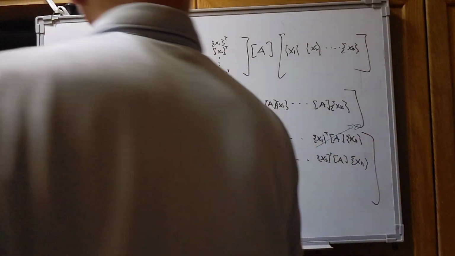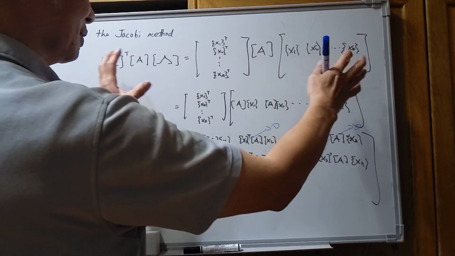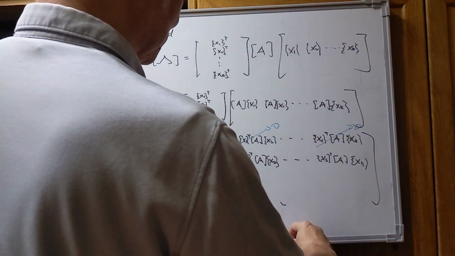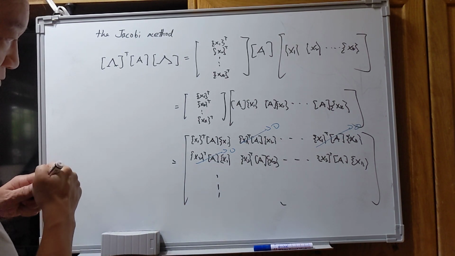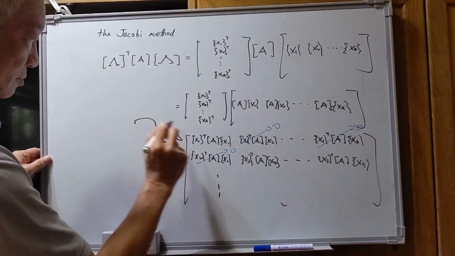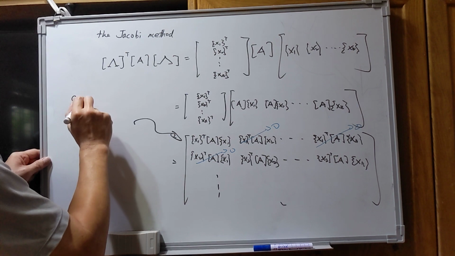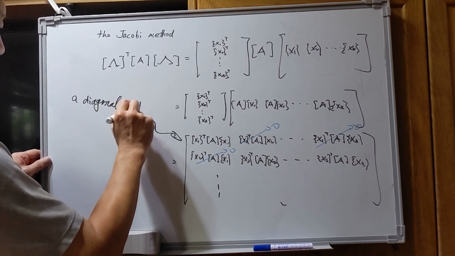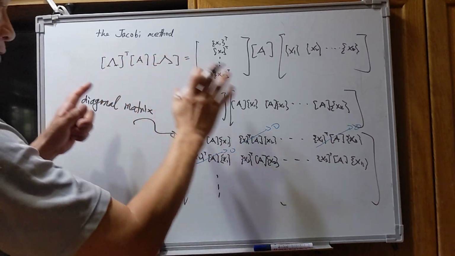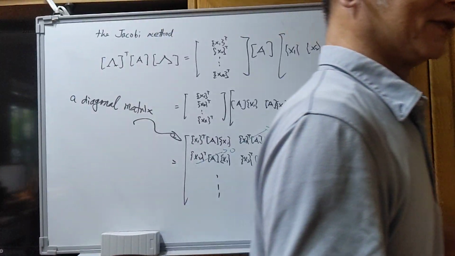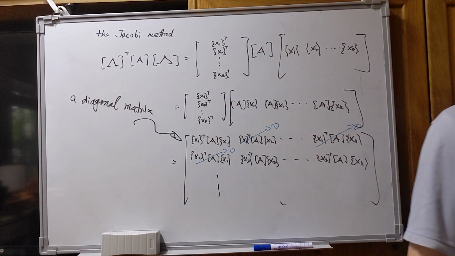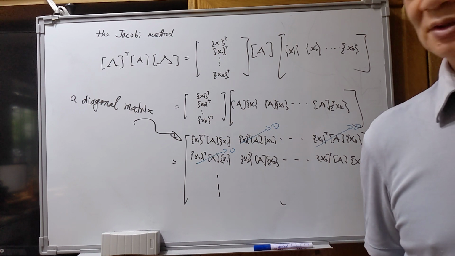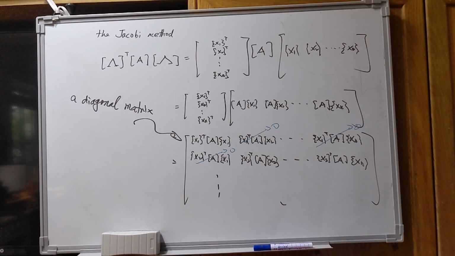Okay, so if we multiply these three together, you will get a diagonal matrix.